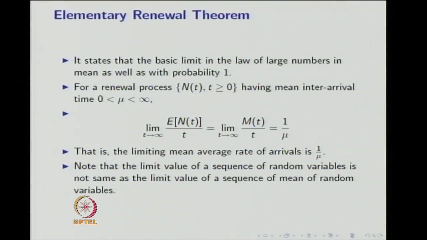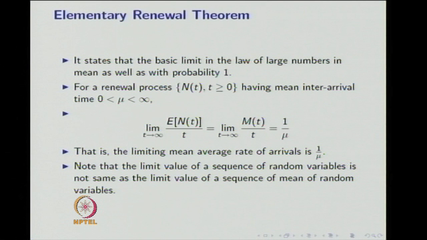For a renewal process having mean inter-arrival time mu, where mu lies between 0 and infinity, the limit as t tends to infinity of the expectation of N(t) divided by t, that is the renewal function M(t) divided by t, is the same as 1 divided by mu.